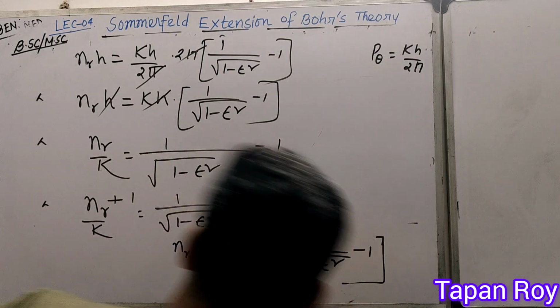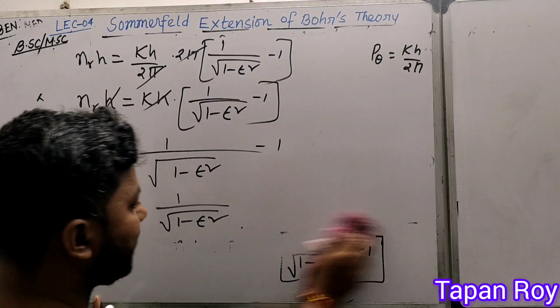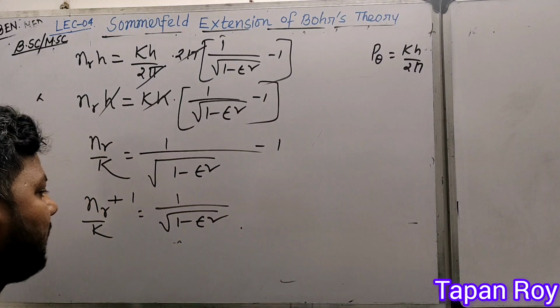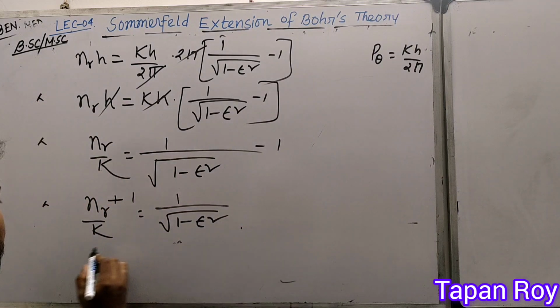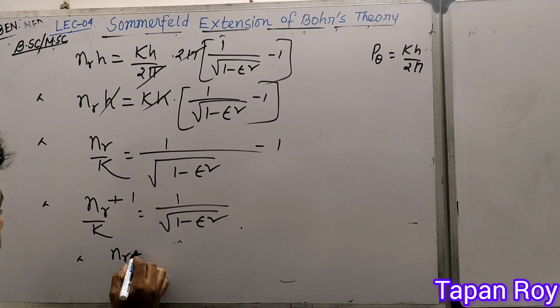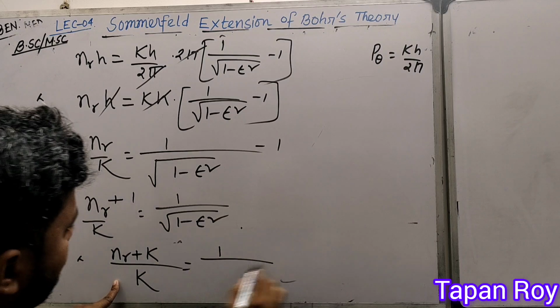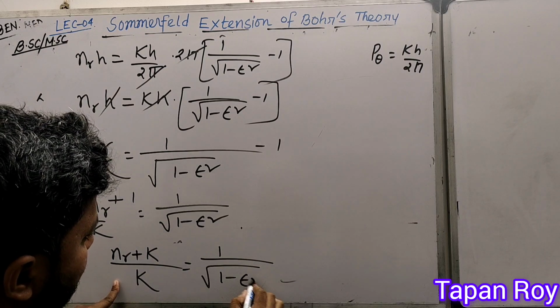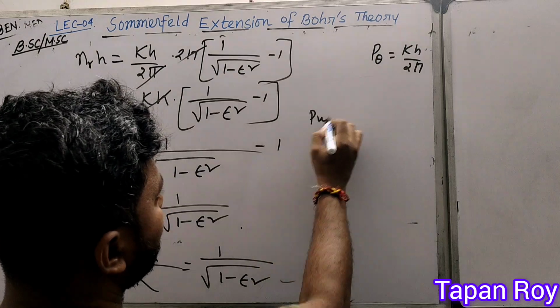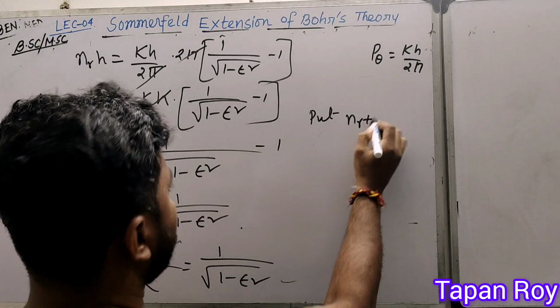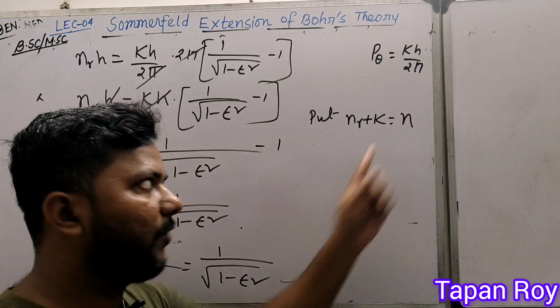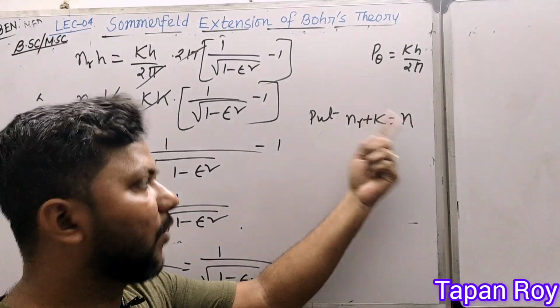So this is the final equation for the Bohr-Sommerfeld model, in the Sommerfeld model. Let nr plus k be equal to n, where n is the total quantum number.